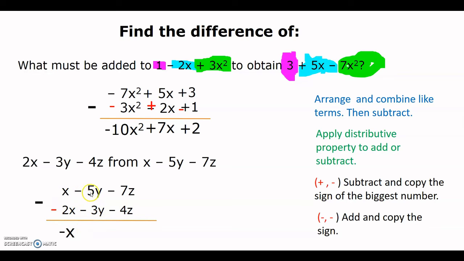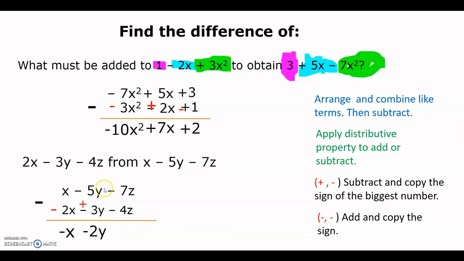Next, negative 5y minus negative 3y. Negative times negative will be positive. So we have negative 5y plus 3y. Unlike signs, subtract and copy the sign of the biggest number. So we have negative 5 as our biggest number, and 5 minus 3 is 2. So we have negative 2y.